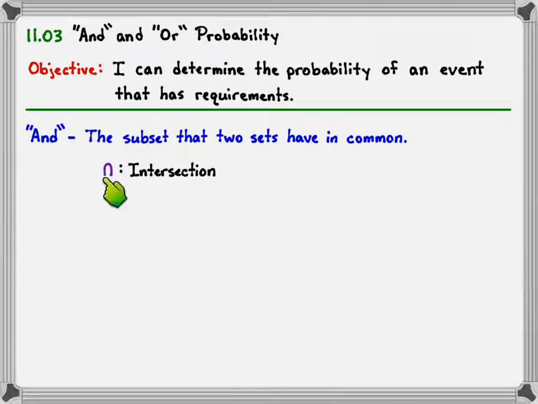And we use the symbol of like an N. It's just like an upside down U, okay? It's not an N, but it's an upside down U. These are synonymous. When I hear the word and in probabilities or set notation, I'm thinking of the word intersection and I'm thinking of the symbol N.